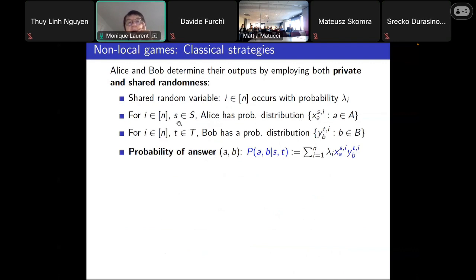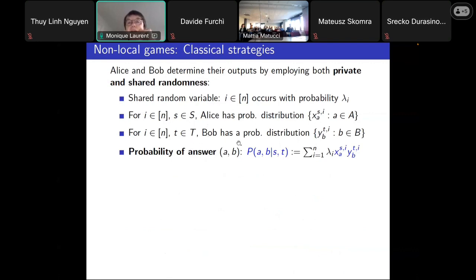But when Alice gets question s, Alice has a probability distribution over her set of answers. So she has numbers x_{a,s}, non-negative, and summing up to 1 when you sum over the answers. For every s, if you sum up the x_{a,s}, you get 1, and these numbers are non-negative. So it's the probability distribution over her set of answers for every possible question.